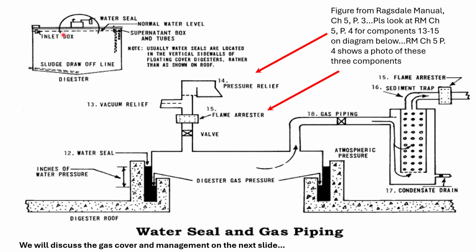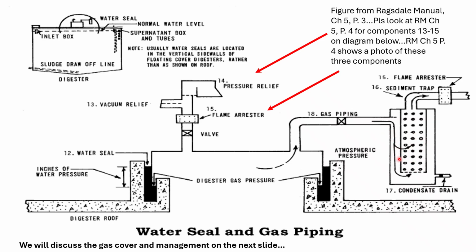So here's the supernatant box and tubes we talked about, the drain off line here at the bottom, okay? And for gas, the gas is going to escape via the gas piping. We have a flame arrestor. We also have a condensate drain.